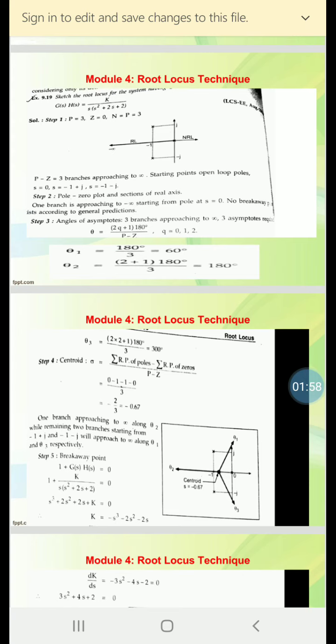So this is the pole-zero plot, one pole at the origin and another complex conjugate pole pair. Now we'll see which section of the real axis is part of the root locus and which section is not part of the root locus.